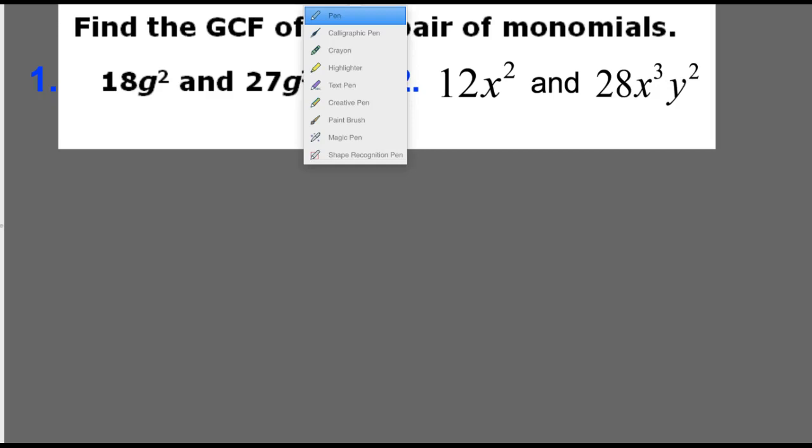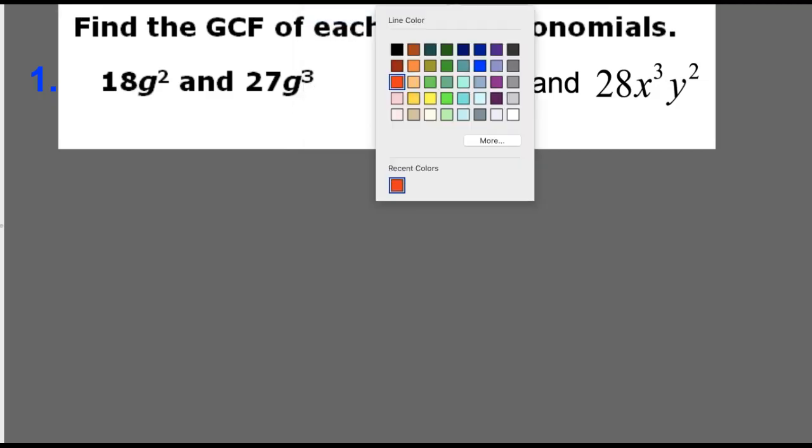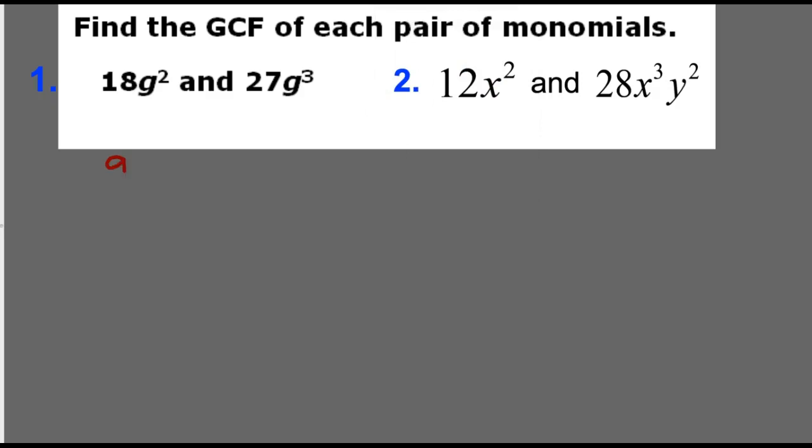All right, well, let's see. 9, someone said 9, good. So 9 is a factor of 18 and 27, and I believe it's the greatest common factor.